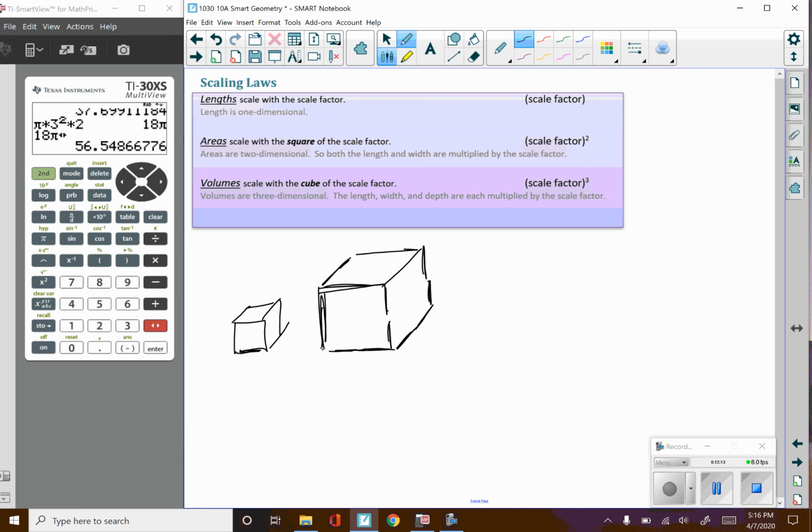Length is a one-dimensional thing. If I scale it by a scale factor of 3, I make it 3 times as long, whatever the length is, it would just be that times the scale factor.